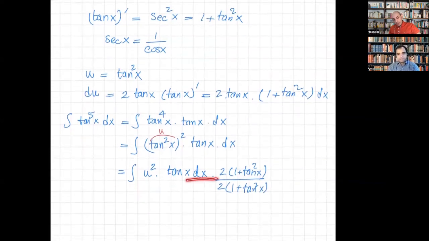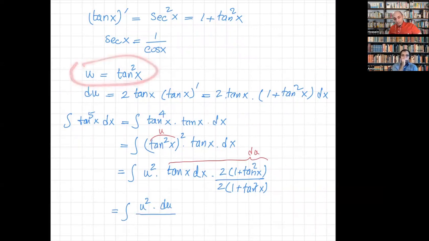So what I have up here is du. So I have the integral of u squared times du, and then on the denominator, we defined u as tangent squared, so I have 2 times 1 plus u.